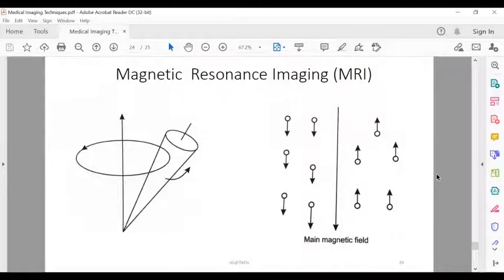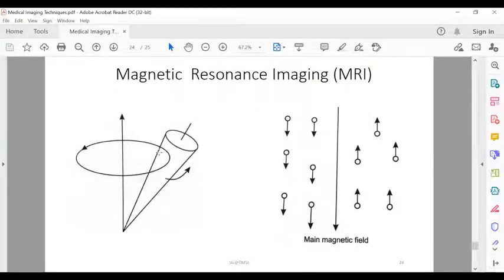Such elements are hydrogen-1, carbon-13, oxygen-17, sodium-23, fluorine-19, etc. The hydrogen atom nucleus has a single proton, which being an odd number, has the property of spin, as given here. So this works like a magnet.